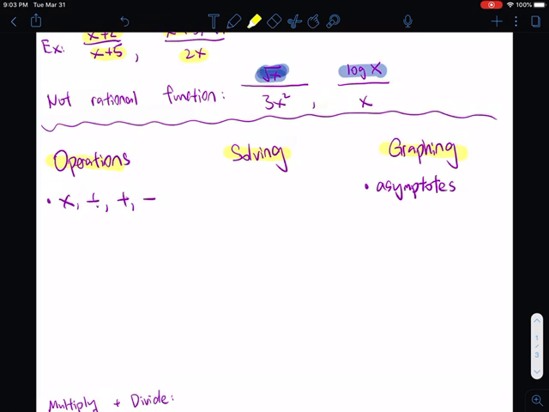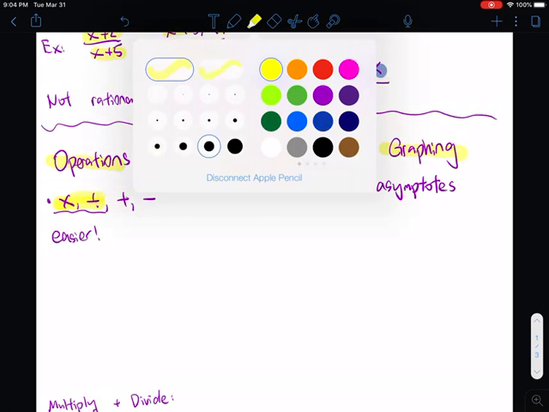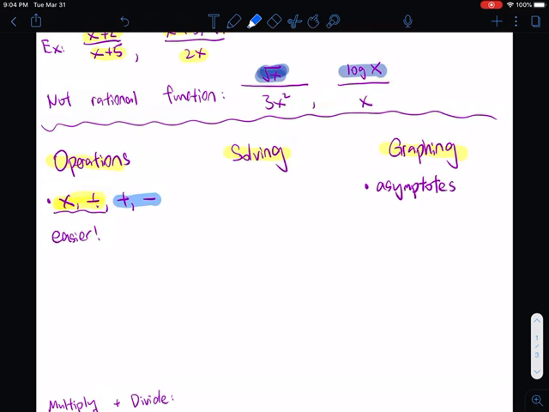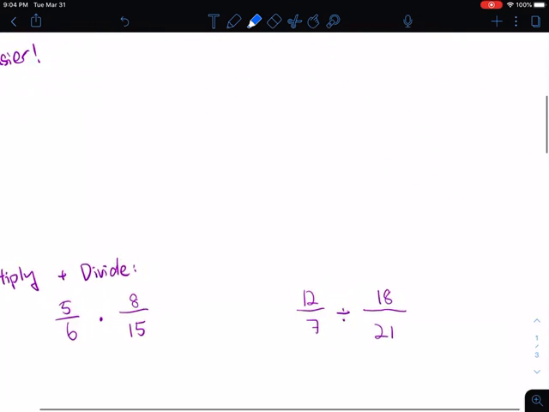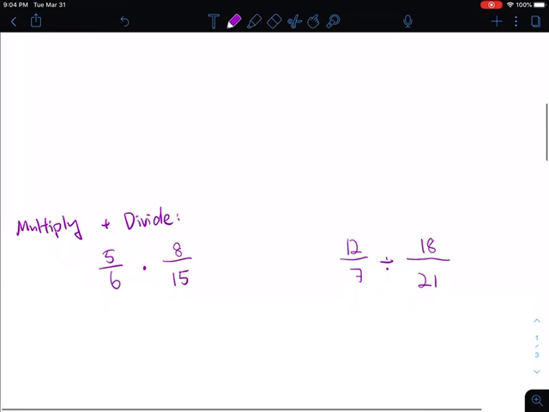We're actually going to start with operations. And today we're going to talk about how we can multiply and divide with rational expressions. And actually, it might seem counterintuitive, but multiplying and dividing is actually much easier than adding and subtracting, which we will see probably next week. Okay, so let's go ahead and get into multiplying and dividing.